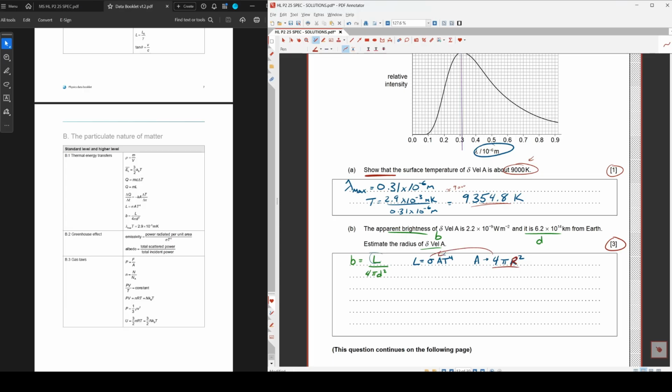This all goes in for A. This all goes in for L. Let's do lots of math. All right, B equals the luminosity, this, over 4 pi d squared. Okay, A itself, I'm going to cheat because I don't have a lot of room.